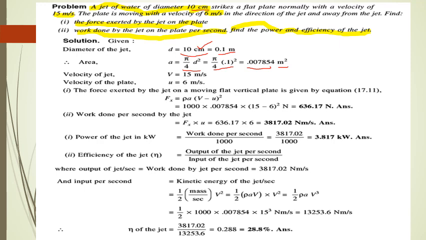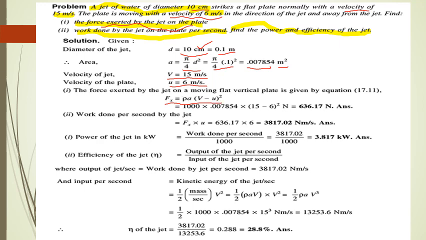In this question, they have given the velocity of the jet, that means the velocity of the jet V is 15 meters per second and the velocity of the plate is 6 meters per second, that is U equal to 6 meters per second. We have to calculate force exerted by the jet on the plate. That means Fx equal to rho A into V minus U whole square.